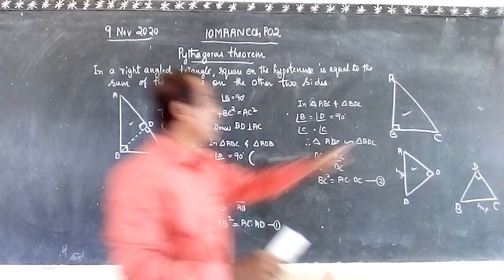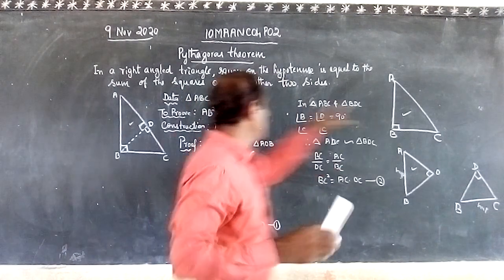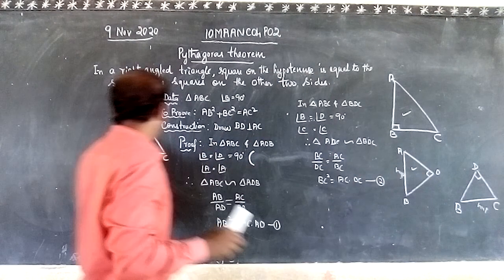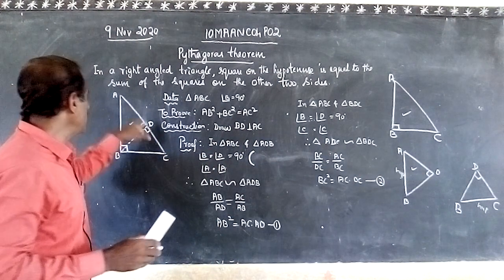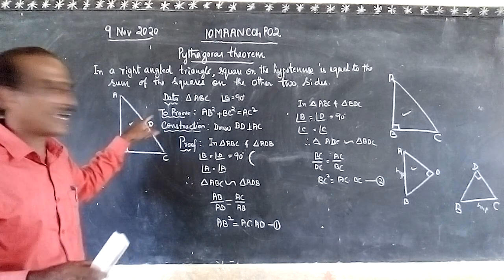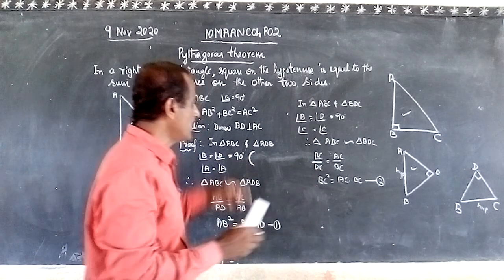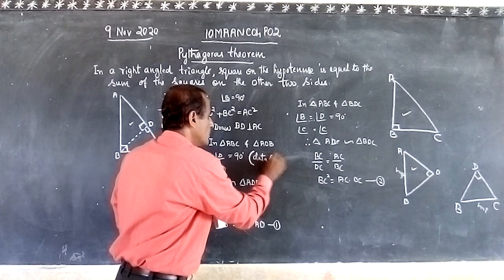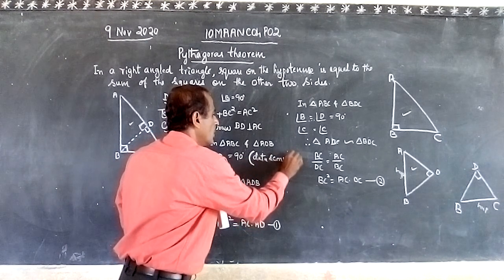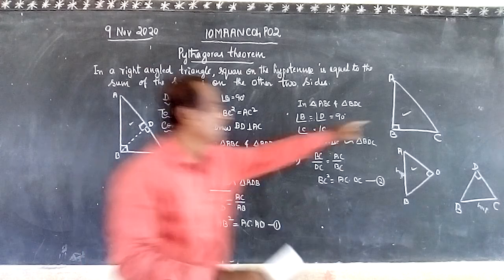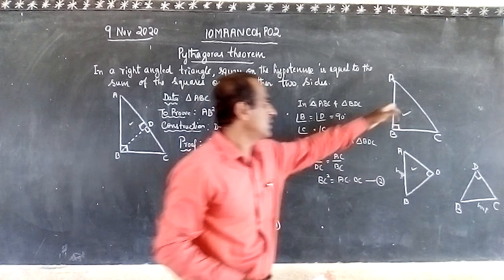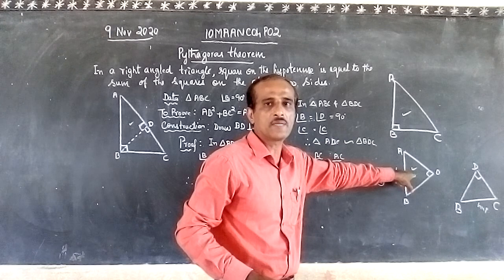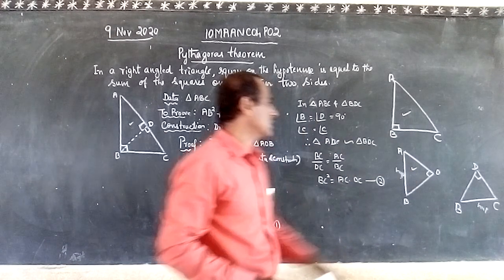You have to try with the reason. What is the reason? Angle B is equal to 90 degrees, given in the data itself. Angle D is equal to 90 degrees because you have constructed BD perpendicular to AC. Therefore, according to the given data and construction, you can write angle B is equal to angle D. The original triangle and this part are both right angle triangles.